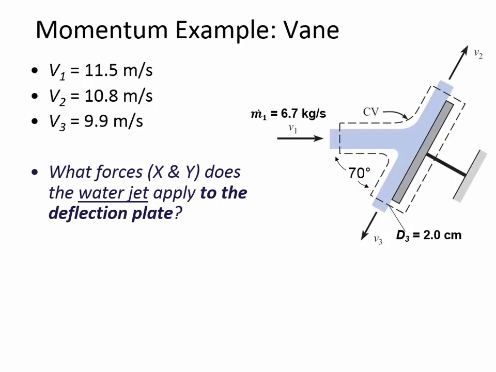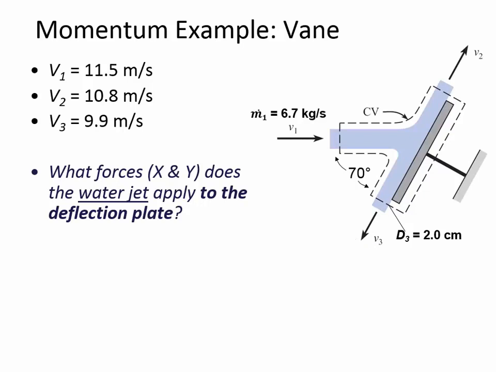But in this case, the velocities are different, which means there must have been some sort of energy loss or a drag, because the incoming velocity is 11.5 meters per second. And the magnitude of the outgoing is 10.8 here and 9.9 there. So the velocities aren't the same.